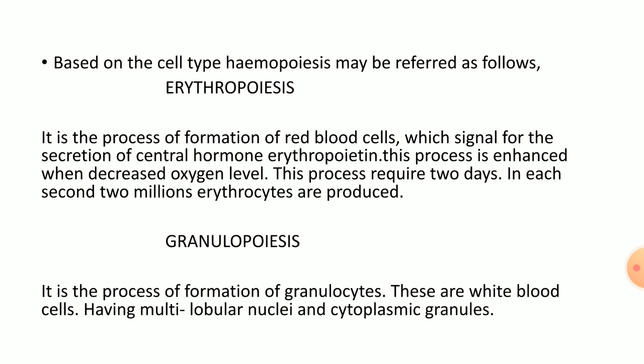Then granulopoiesis. The process of formation of granulocytes is termed granulopoiesis. Granulocytes are white blood cells having multilobular nuclei and cytoplasmic granules. In the first stage, the unipotent hemopoietic cells form myeloblasts with cytoplasm and a large nucleus.